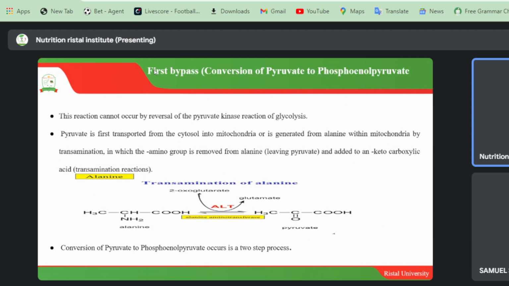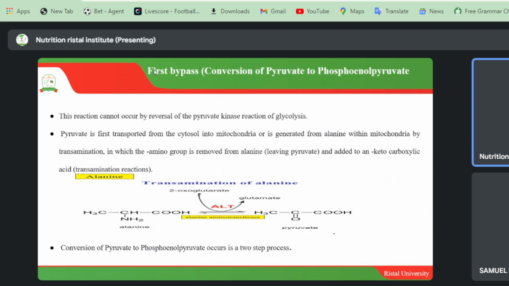And this reaction cannot occur by just a mere reversal of the pyruvate kinase reaction of glycolysis. So pyruvate is first transported from your cytosol into the mitochondria, or is generated from alanine within the mitochondria by transamination. And alanine is one of these glucogenic amino acids that we've been talking about earlier on, that some of these amino acids can be channeled in for this process.